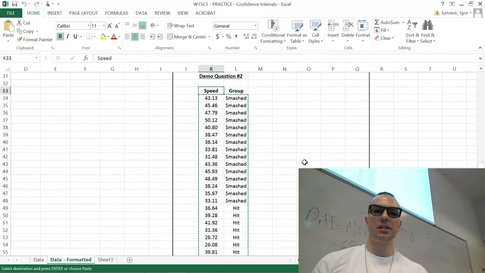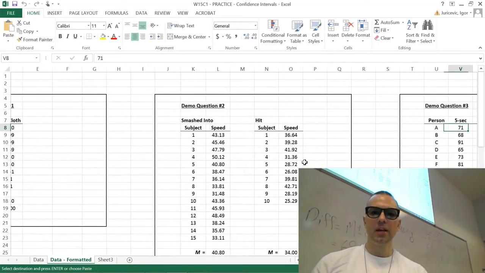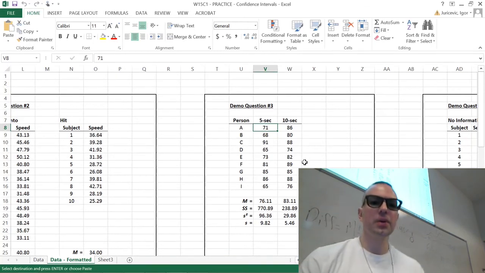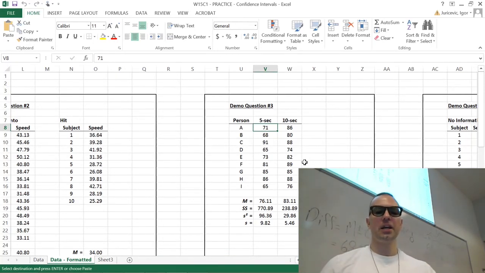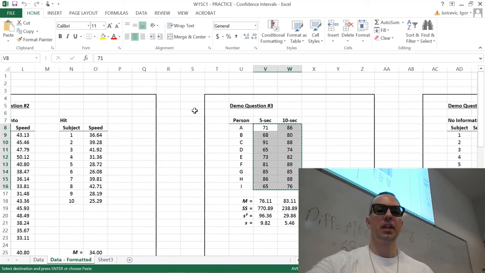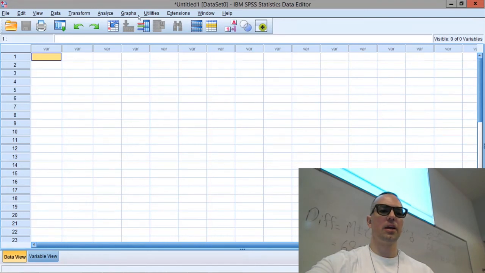And we need to get our data for the dependent means t-test. All right, so we got the 5-second condition, we got the 10-second condition. We've done these a bunch of times so we know that these are going to go in 2 columns so that every single subject is on a single row. So we will go here and we can just paste that in.